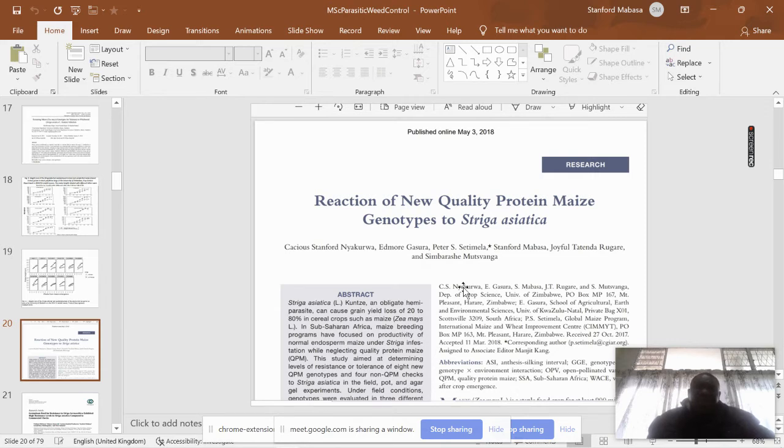You know, quality protein maize can solve some health problems in children, and it was being recommended that it should be grown in smallholder farming areas so that it can solve nutritional problems, especially in children or even adults.